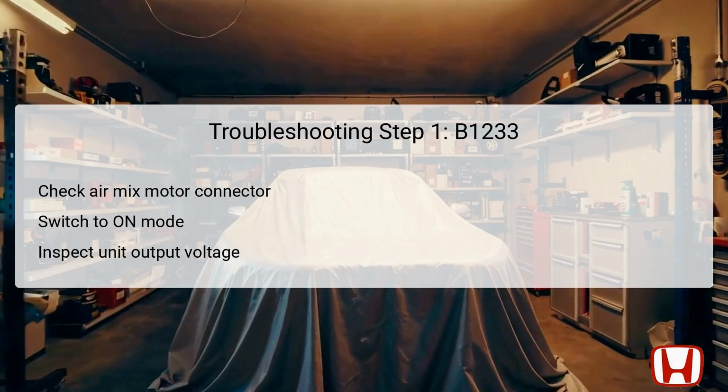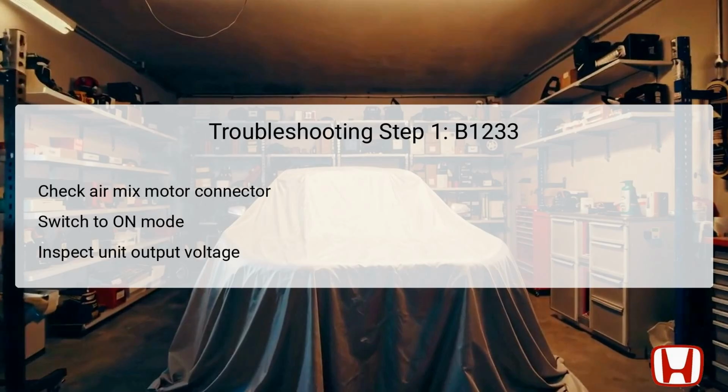In the first troubleshooting step for DTC B1233, we begin by ensuring that the air mix control motor connector is properly disconnected. Moving forward, you must turn the vehicle to the on mode to check the input voltage levels more effectively. During this check, measure the output voltage at the unit, which should be approximately 5 volts.